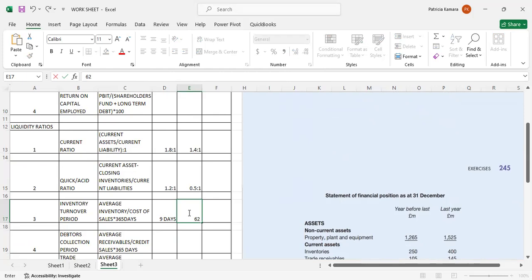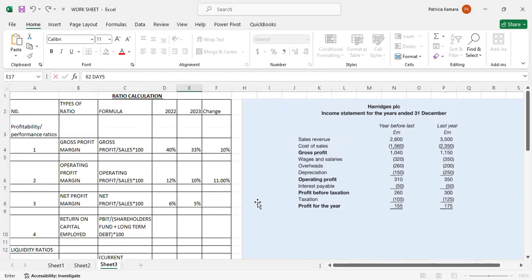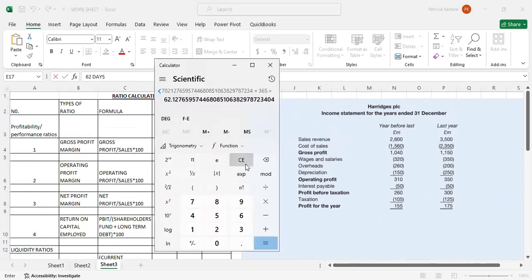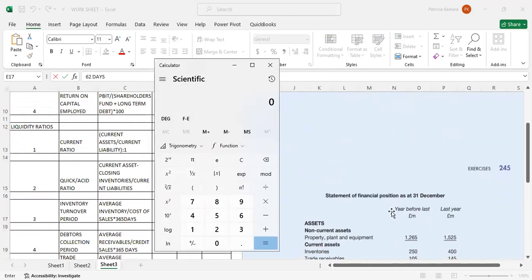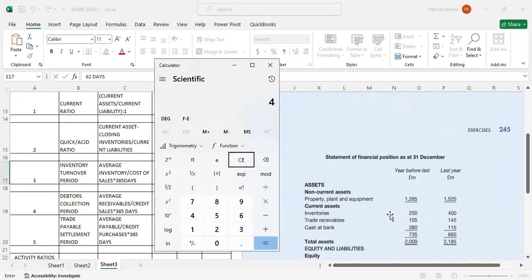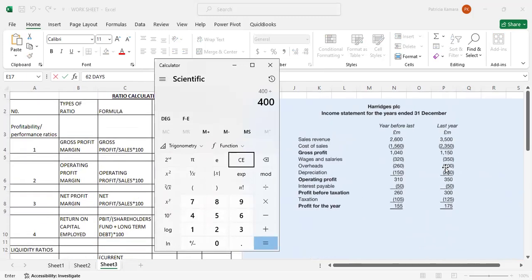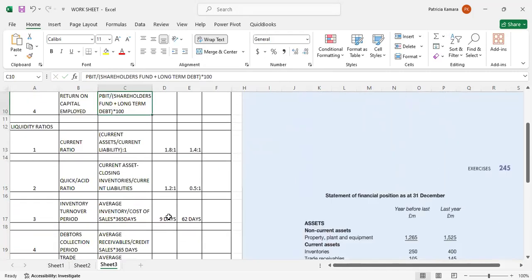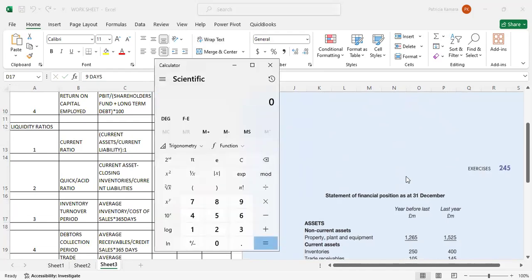So let's reconfirm that figure. That's a whole lot of days. Our closing inventory of 400 divided by the cost of sales figure of 2,350 multiplied by 365, yes, that's correct. Now let's reconfirm the 2022 figure.